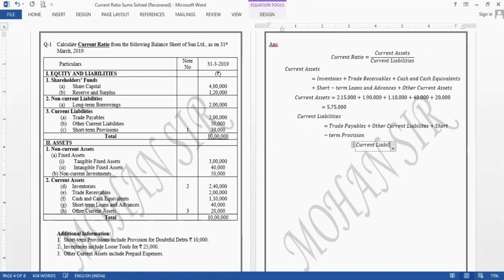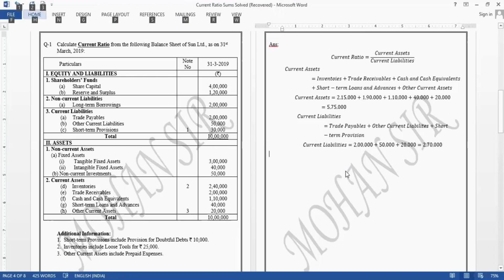So current liabilities will be equal to trade payables. I can see that is rupees 2 lakh plus other current liabilities, that is 50,000 plus 30,000 is for short-term provisions, but we need to remember that out of 30,000 we need to deduct 10,000 for provision for doubtful debts. So I shall deduct that out of 30, and the remaining is 20. So the total will be 2,70,000.